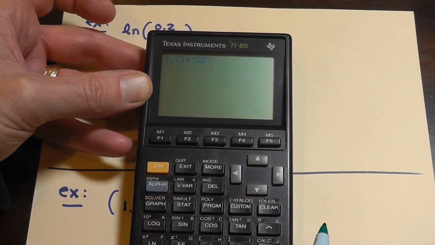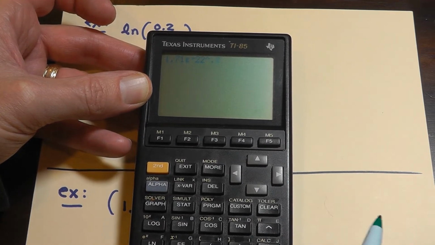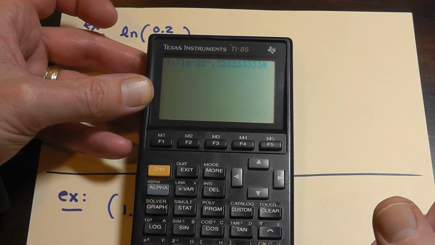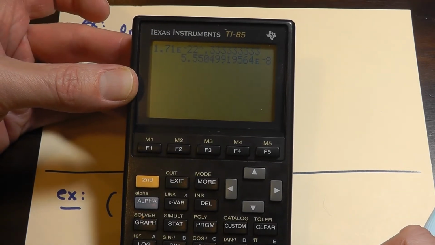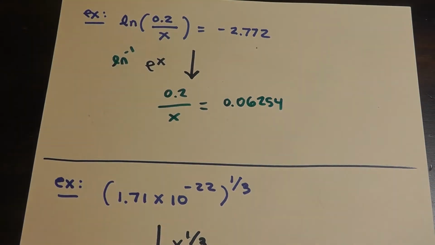And then I can go, I probably should have put parentheses around it. Let's see if it gives me the right answer. That's not 0.33333, because a cube root is to the 1/3 power, right? And there you go. That's my number, 5.55 times 10 to the minus 8. So do it along with me and see if you get a matching value.